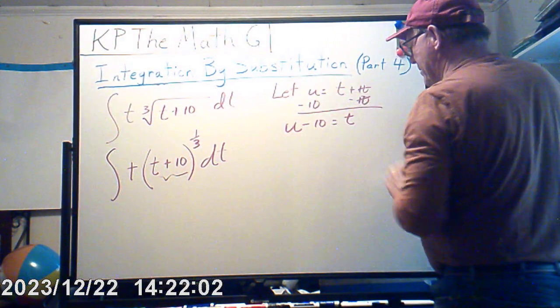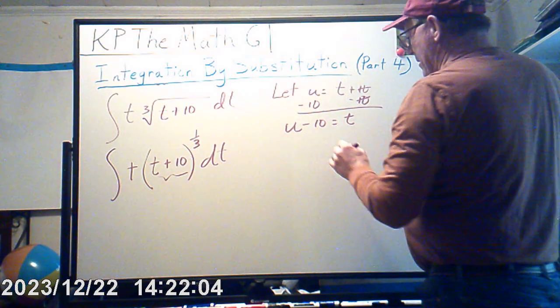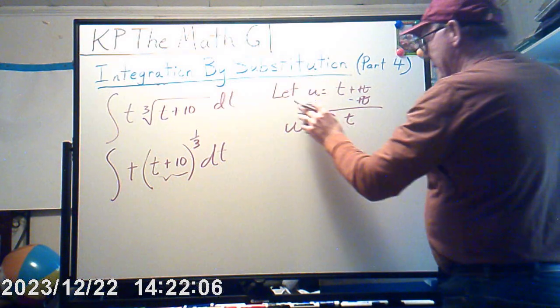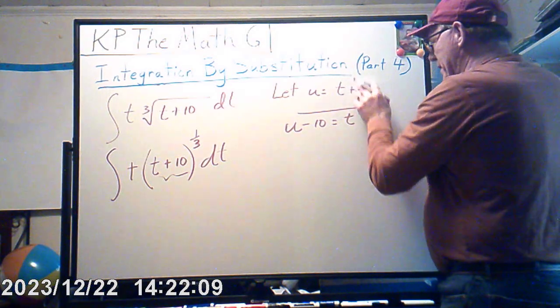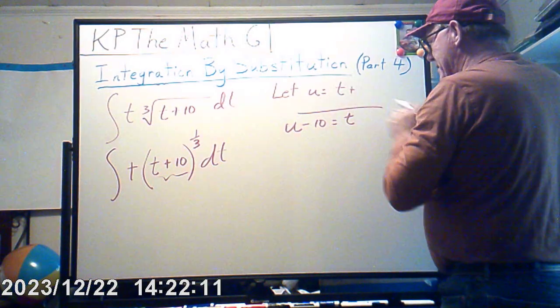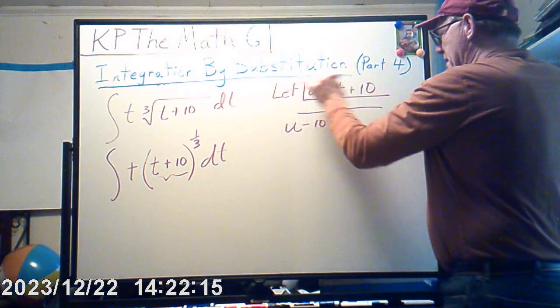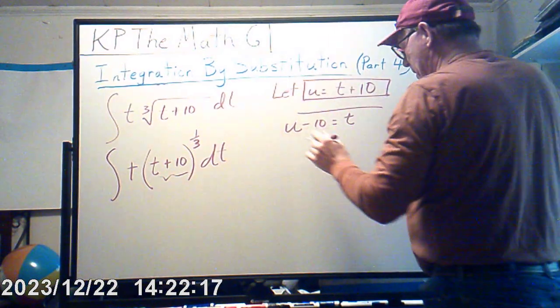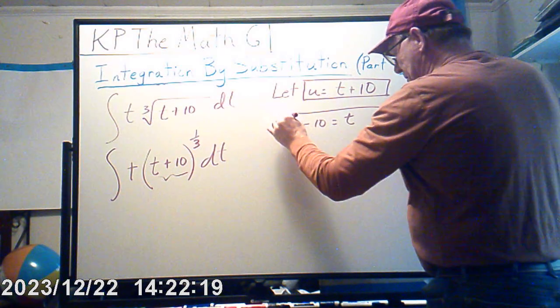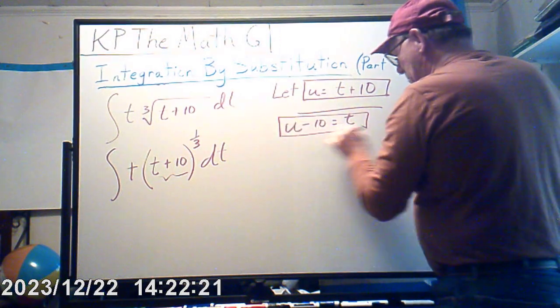See how that's gone right there? I need to keep everything in perspective here, I don't want to cross that 10 out. So u is equal to t plus 10, and t is equal to u minus 10.